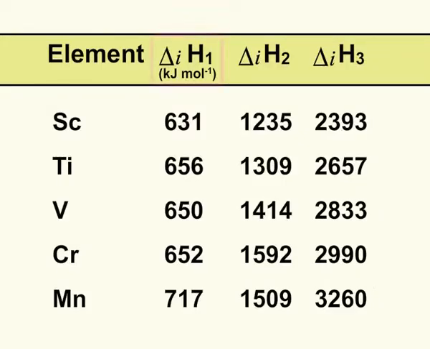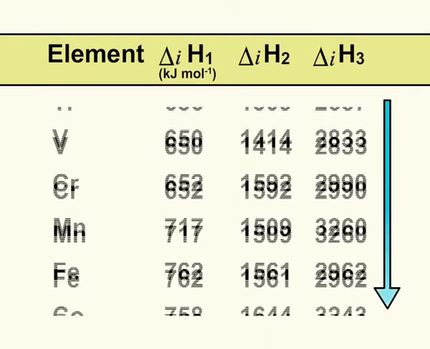The values of first ionization enthalpy, second ionization enthalpy, third ionization enthalpy for elements belonging to first transition series are shown in the table. In the transition series, the ionization enthalpies increase from left to right.